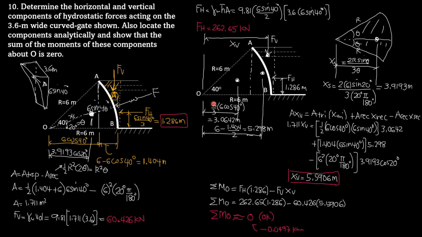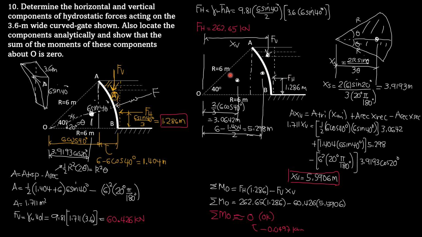So that makes sense because this total distance is 6, and therefore the location of the centroid of this area here, XV, should be slightly less than 6. So finally, summation of moments about O. Let's check if it is really 0. Let's consider counterclockwise as positive.